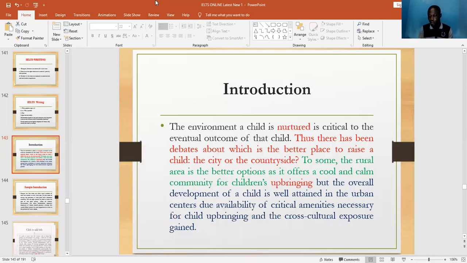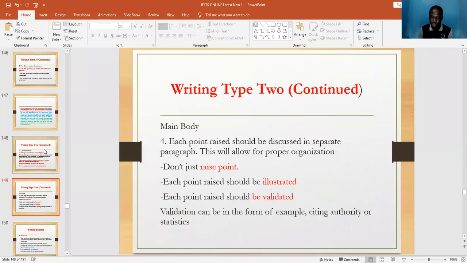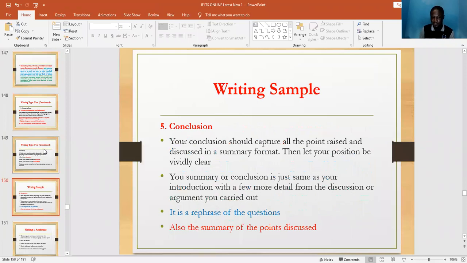So what you have done in the introduction, according to what you can see here, is recapture the question, then highlight the points to be discussed. Here now, you will recapture the question and then summarize the points you have discussed. So that is the critical part of a conclusion.